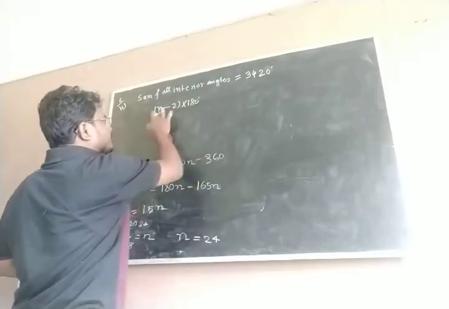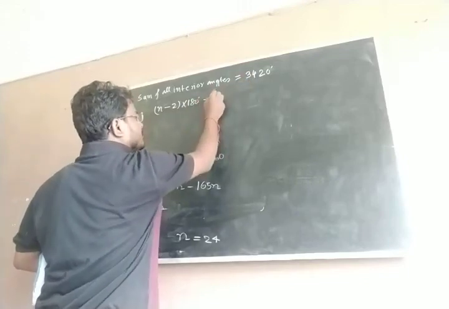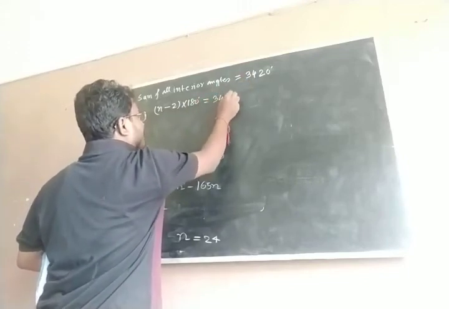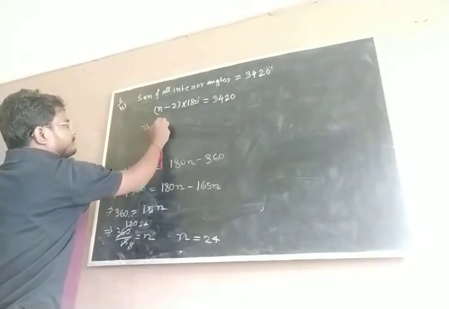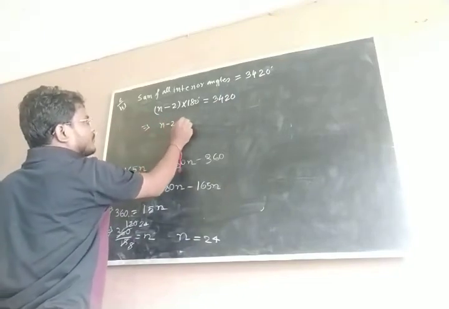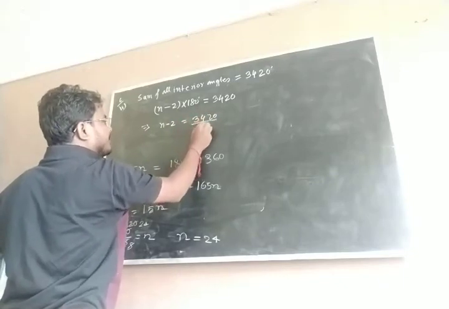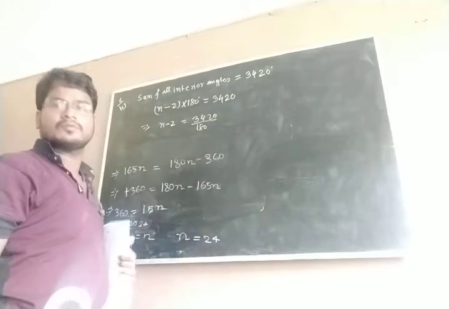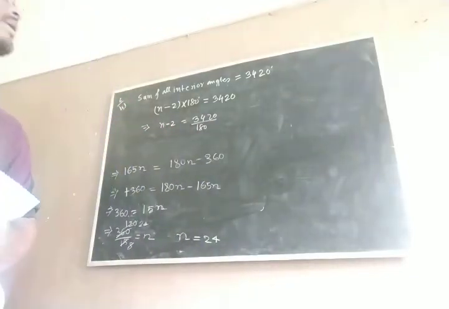So in place we can write this, and this must be equal to 3420, and from this you have to find the value of n. n minus 2 equals 3420 by 180. 3420 divided by 180, cut, 342 by 18.